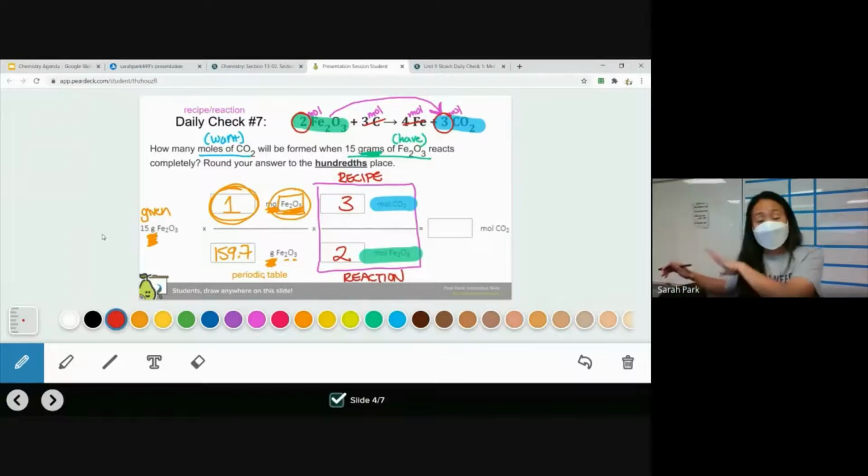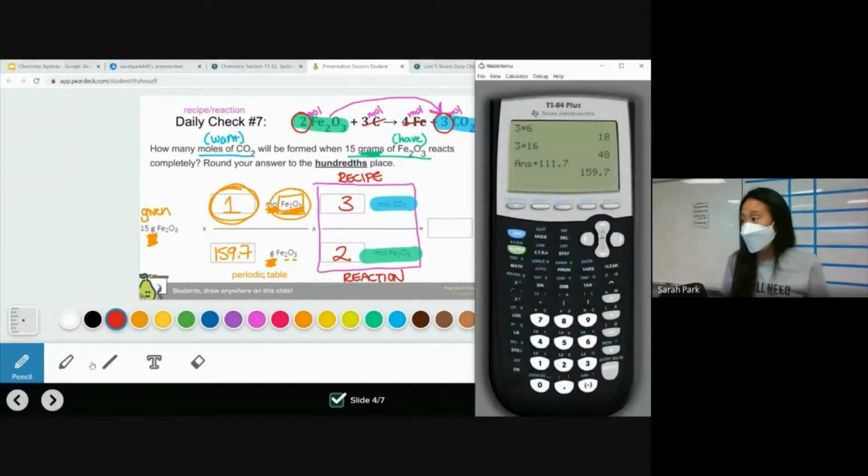If not, I'm going to ask somebody to calculate for me what answer you get so that I can make sure that we agree on the answer. So we started with 15. Did someone tell me what answer they get just so that I can double check?